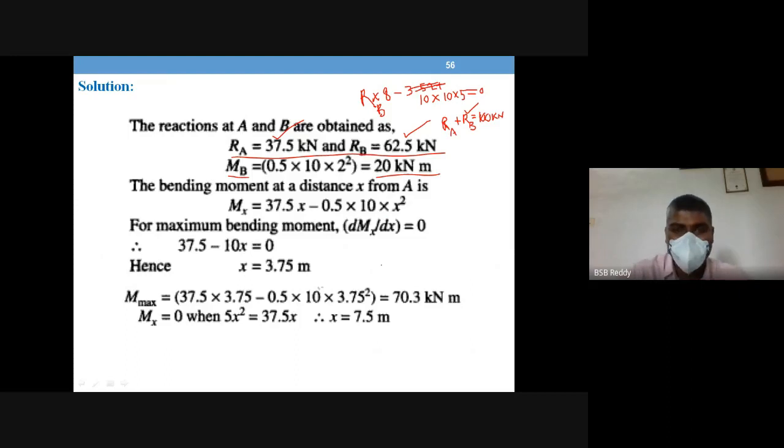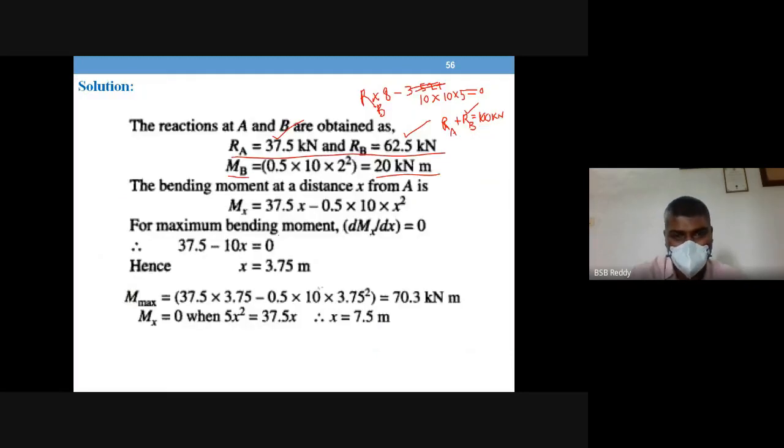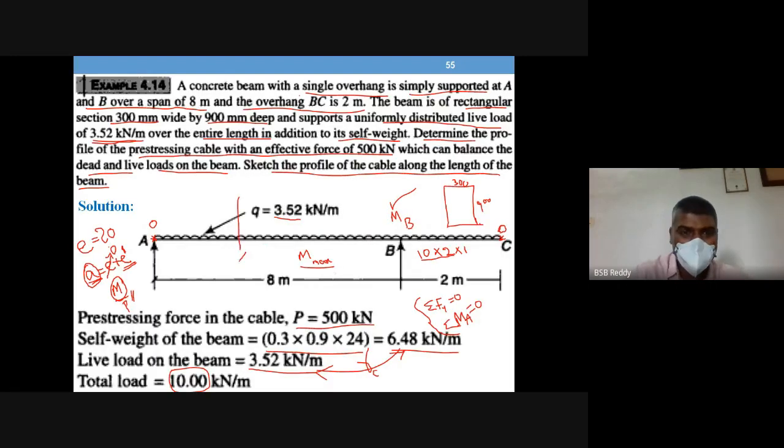The only job remaining is to find where the maximum bending moment in the AB span is and how much it is. For that you need a little procedure. First select a section in the span, anywhere in the span, at a distance x.